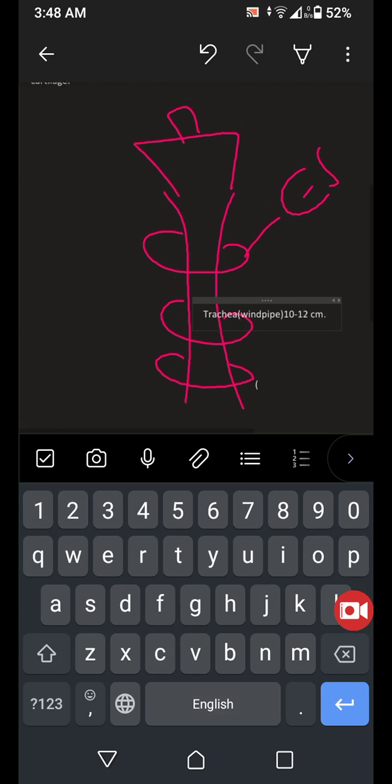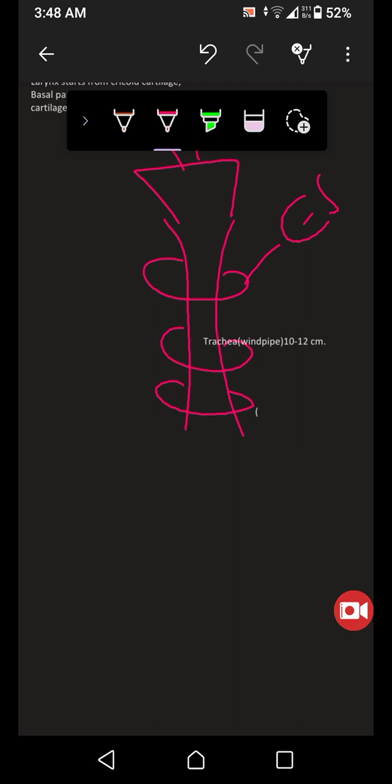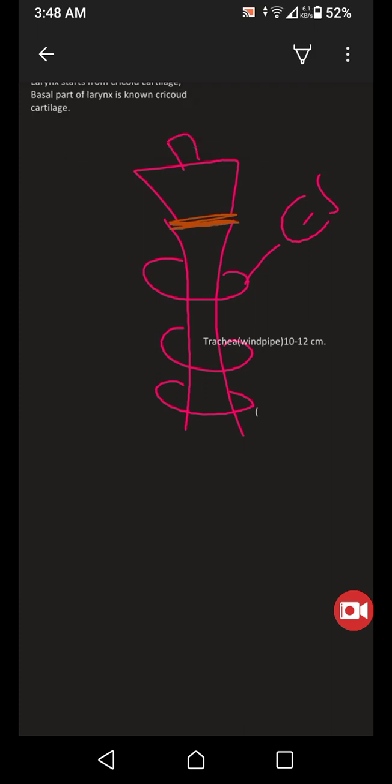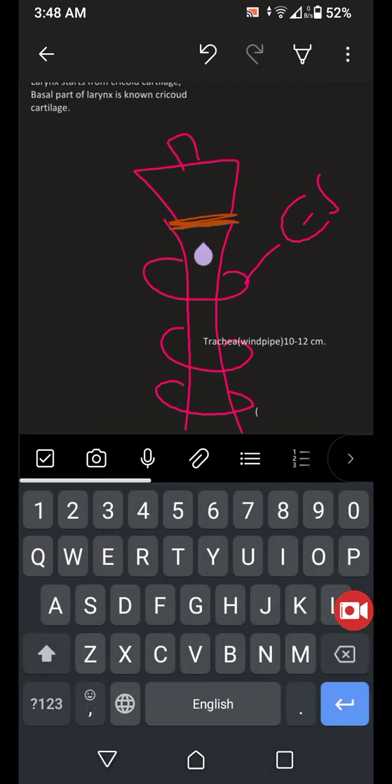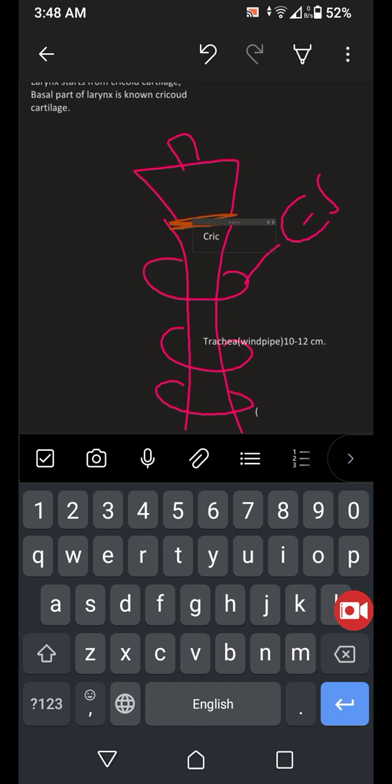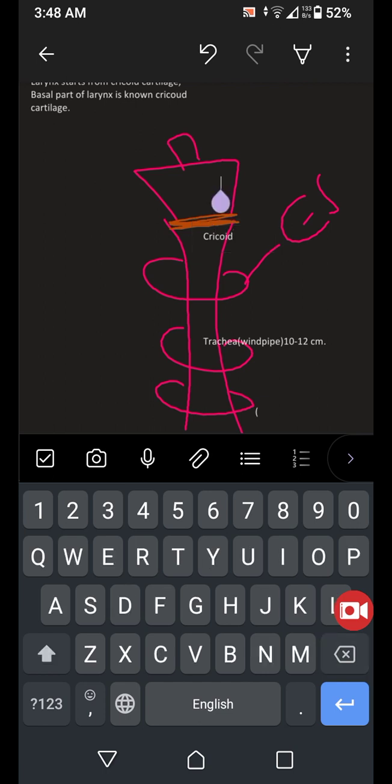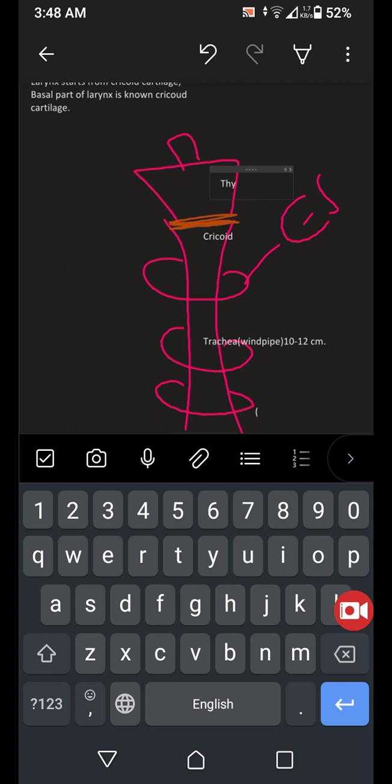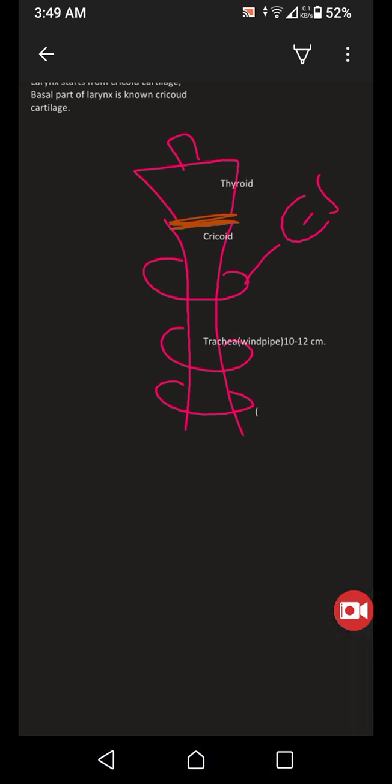Okay, I forgot to draw this one. For example, this orange line is known as cricoid cartilage, and this one is thyroid cartilage. Okay, and from cricoid the larynx is starting.